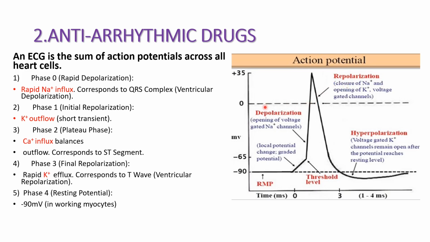It involves potassium outflow: closure of the sodium channels and opening of potassium voltage gated channels, as a result of which potassium ions go out of the cell. Phase 2 is the plateau phase, and it generally involves calcium influx so as to balance the outflux of potassium ions.